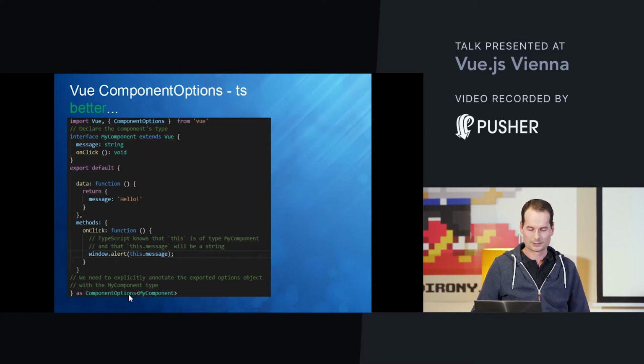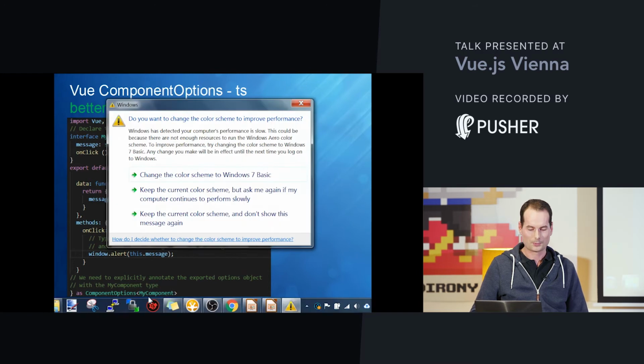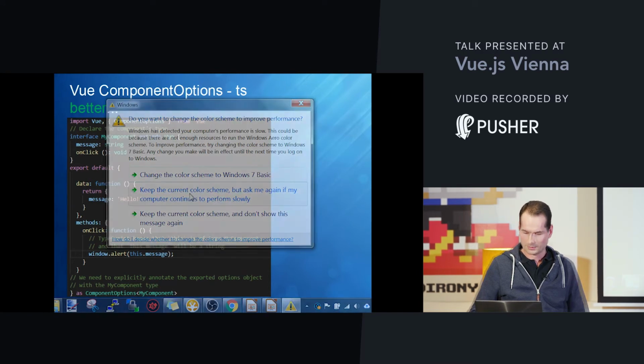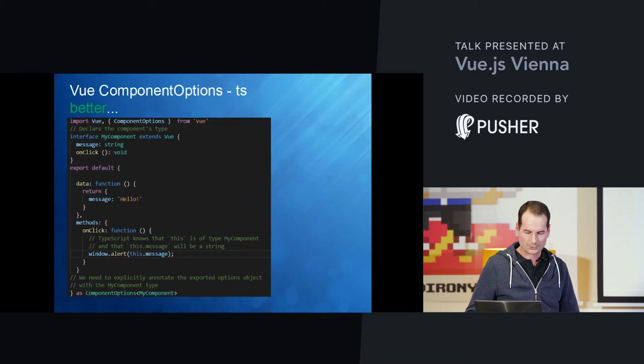A small trick here is, as I said, the component options. So we were at the component options. This is the second way you can write a Vue object, your Vue class.